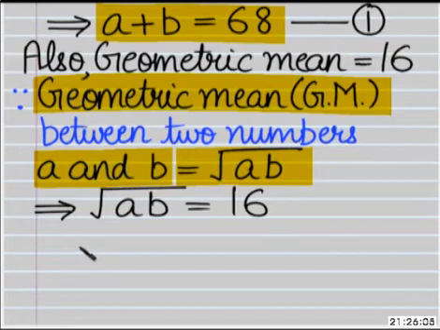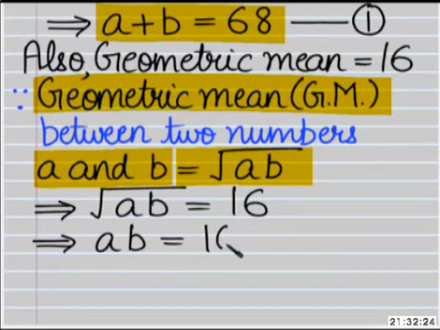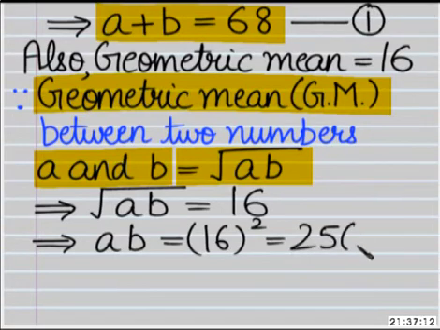Now squaring both sides, we get A into B is equal to 16 square, which is equal to 256.